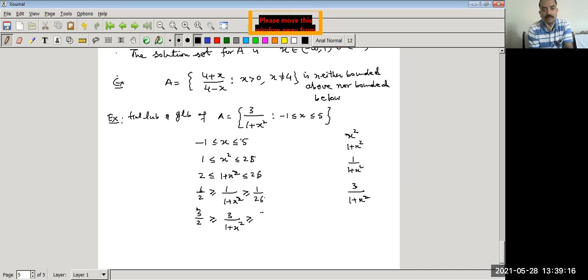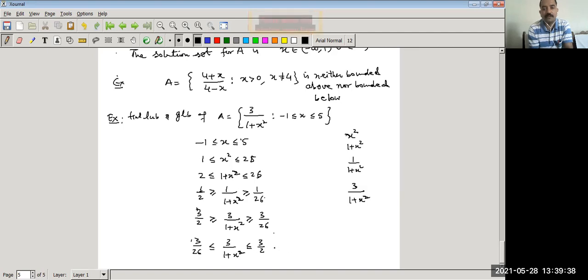is greater than or equal to 3/26. Now we can arrange this: 3/26 is less than or equal to 3/(1 + x²) is less than or equal to 3/2.